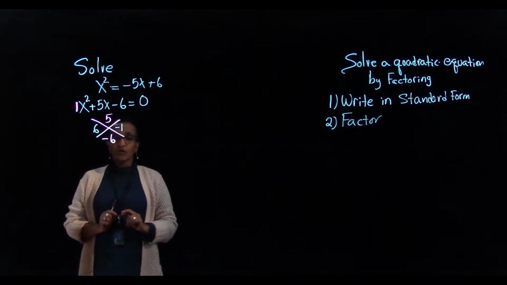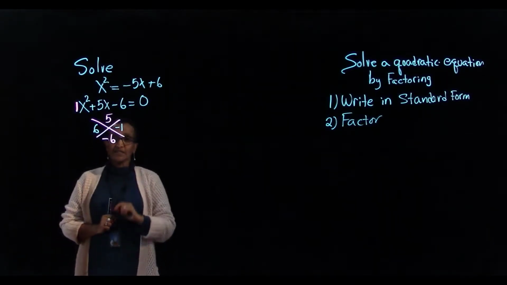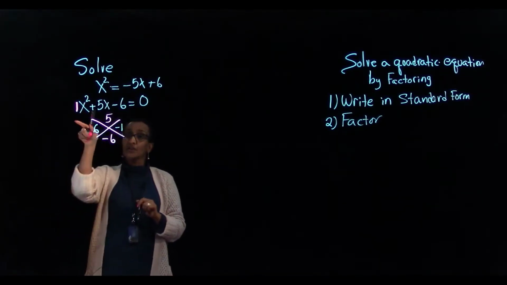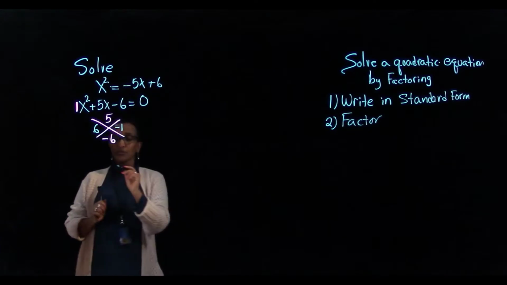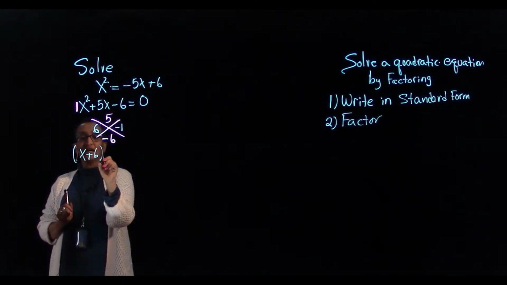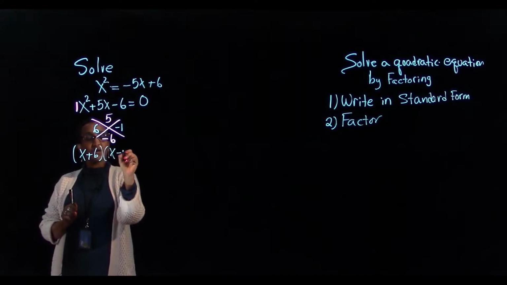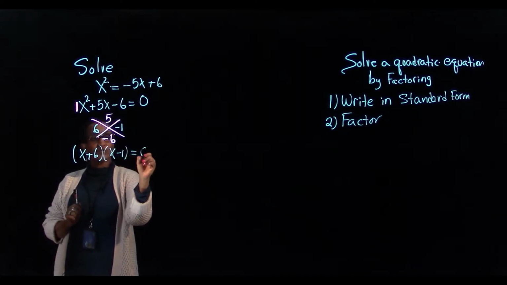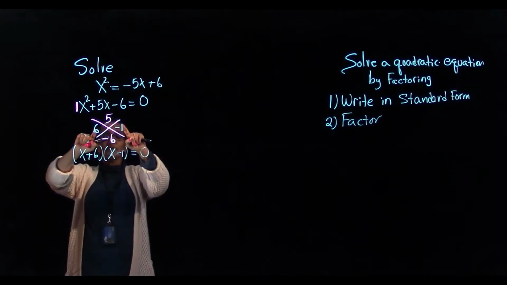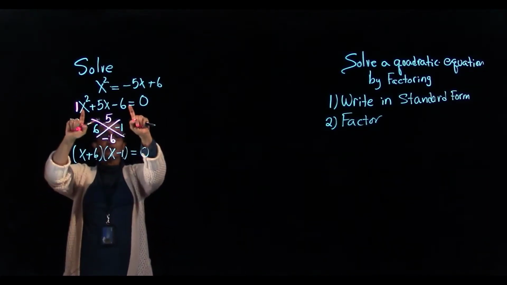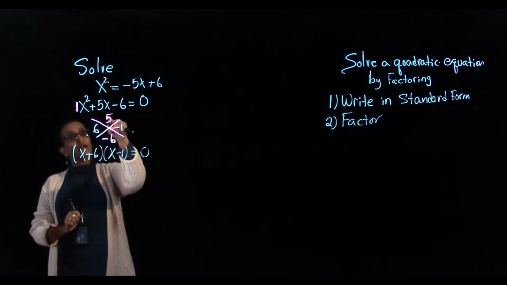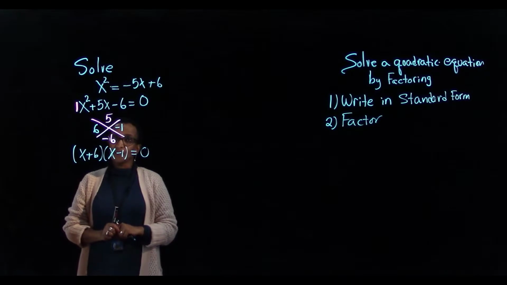Six times a negative 1 will multiply to negative 6, and 6 plus a negative 1 will add up to 5. That means this trinomial will factor into x plus 6 times x minus 1 equals 0. Where did I get the 6 and the negative 1? From right here. The two numbers that, when multiplied, gave me negative 6, and when added, gave me positive 5.